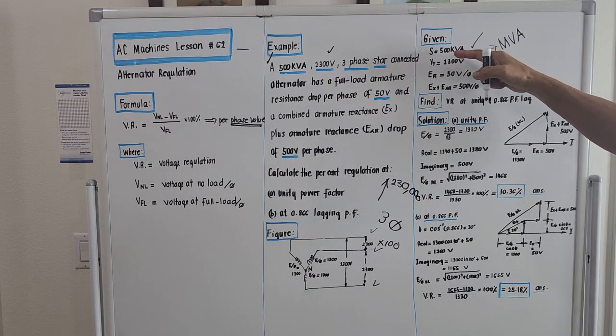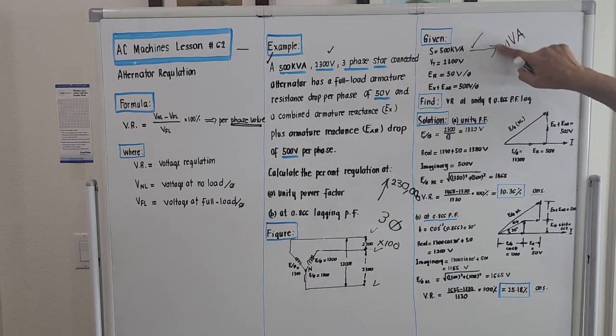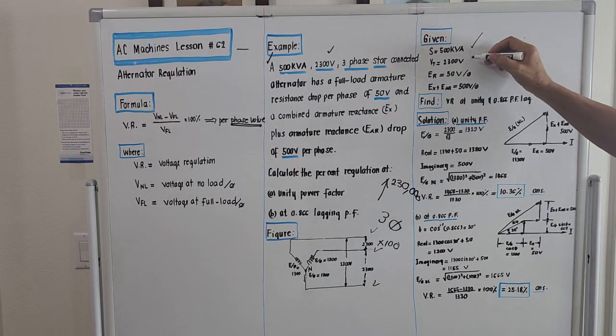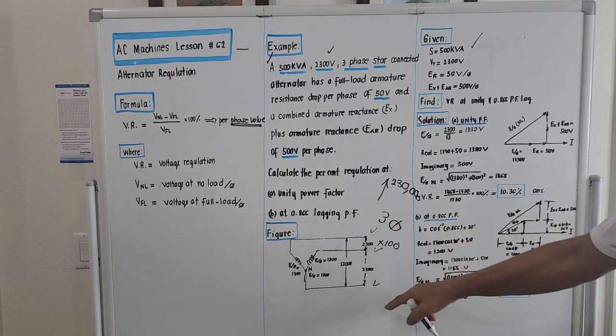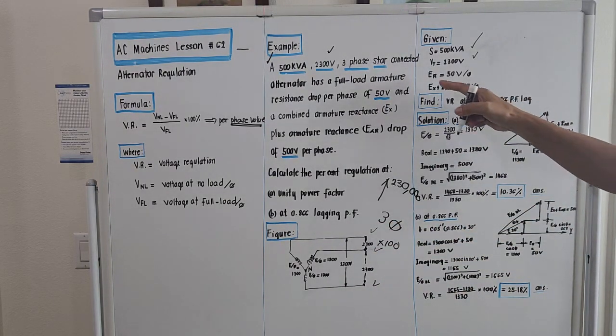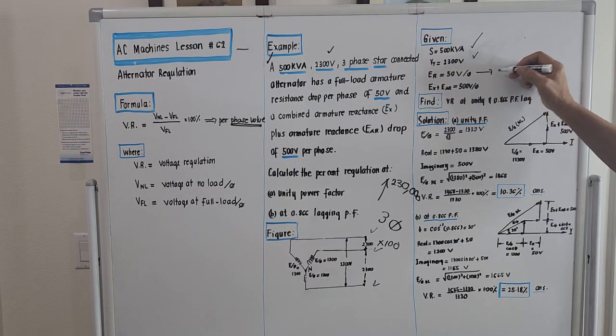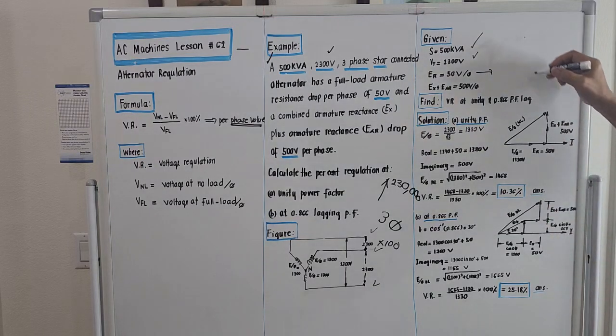This is 1,000 volt-amperes. But this is just an example problem here. The terminal voltage at the lines is actually 2300. ER is 50 volts per phase. ER is actually the IR drop.